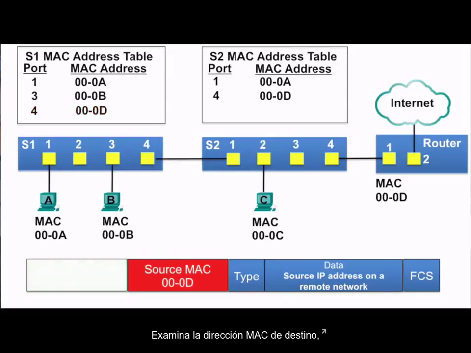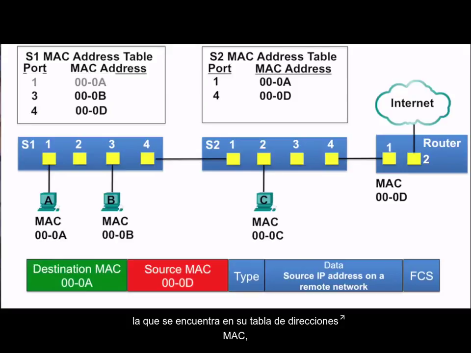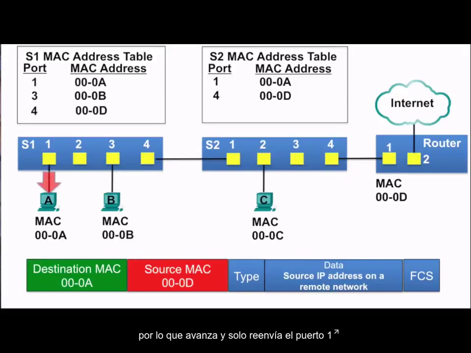It examines the destination MAC address, which is in its MAC address table, so it goes ahead and just forwards it out port 1 towards PCA. PCA examines the destination MAC address, and because it is a match, it accepts the rest of the frame.